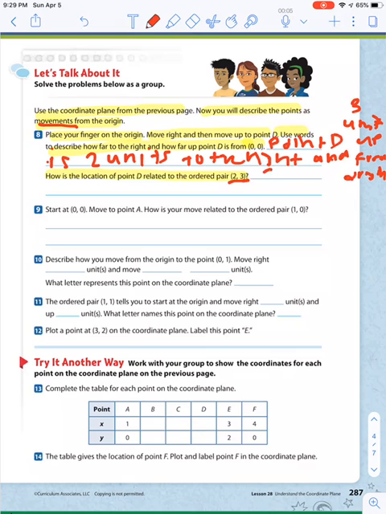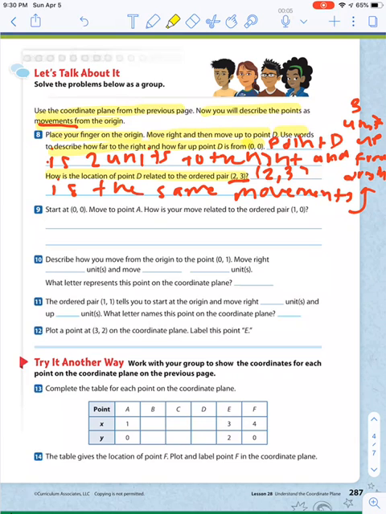So we will say 2, 3 is the same as movements, and then I'll just put an arrow because it is a little redundant. It's the same thing.